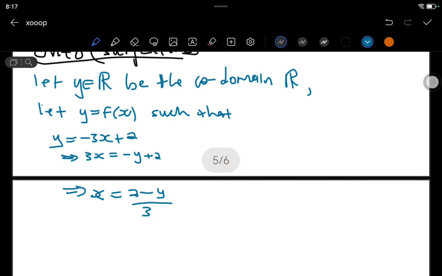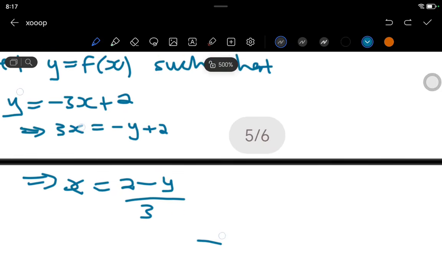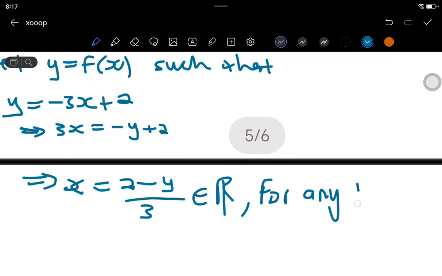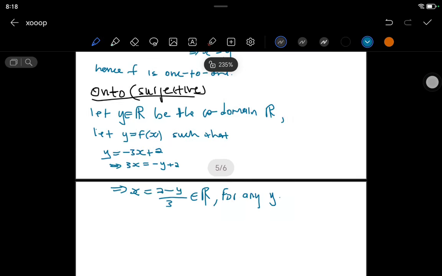If y is a real number, whenever we plug a real number in here, will we also find this thing to be a real number? That is our question. And indeed, this will be a real number for any y.